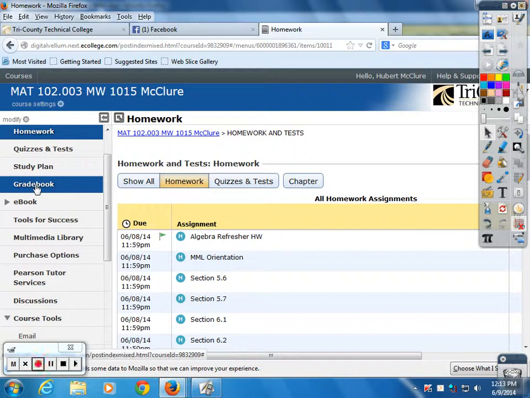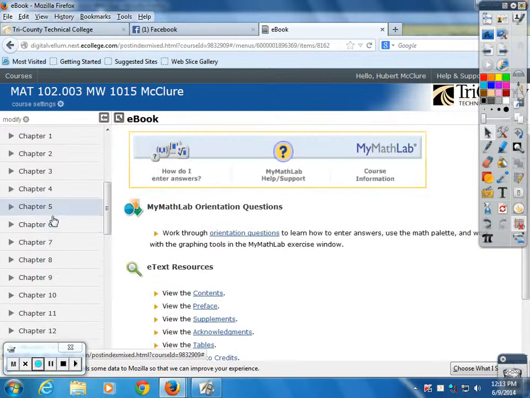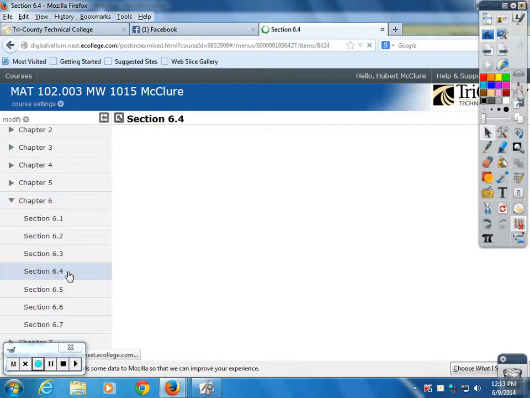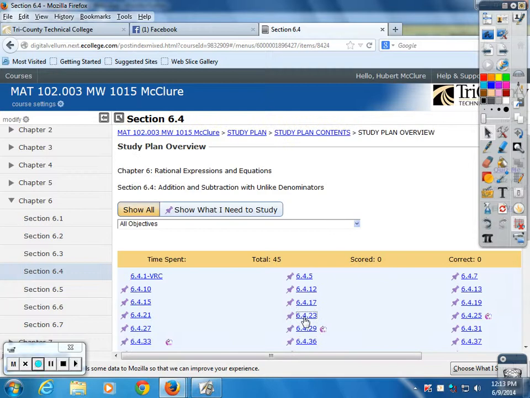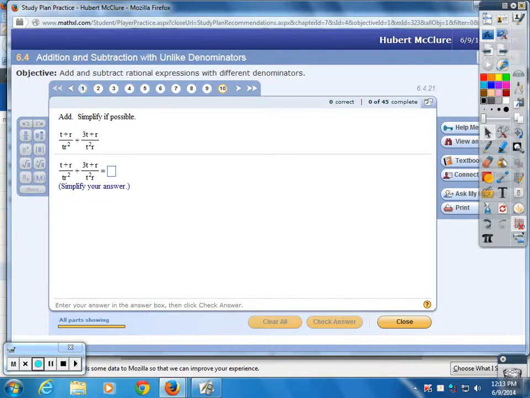Hold on. Let me go to the ebook. Go to chapter. What chapter are we in? 6? 4? What did it say? You got to give me something. I think it was early on.